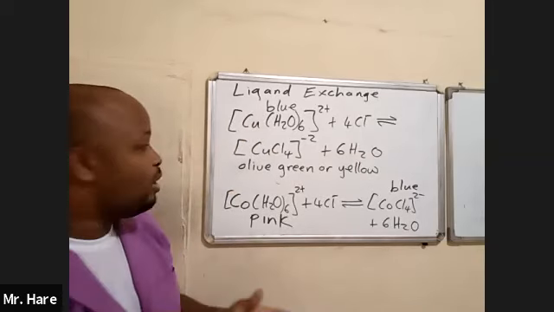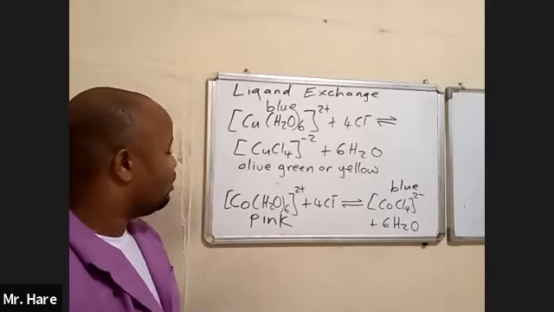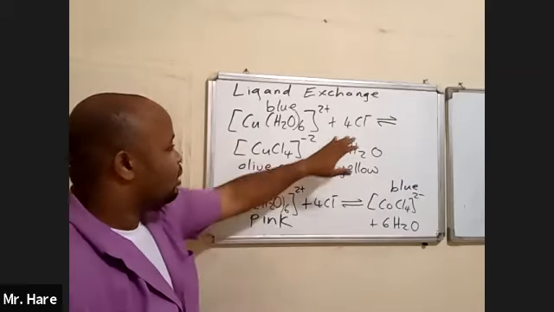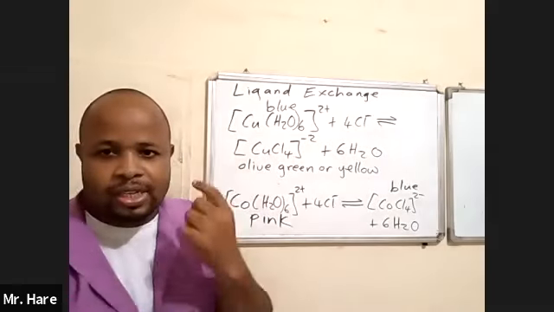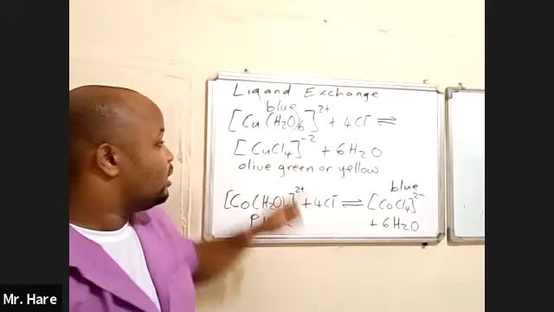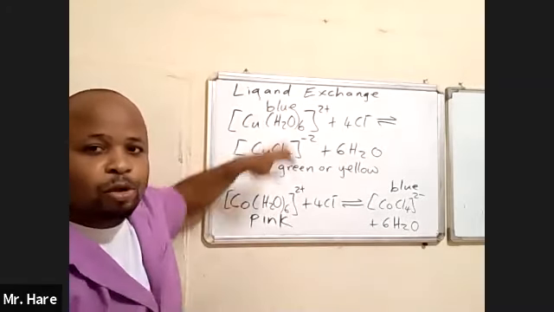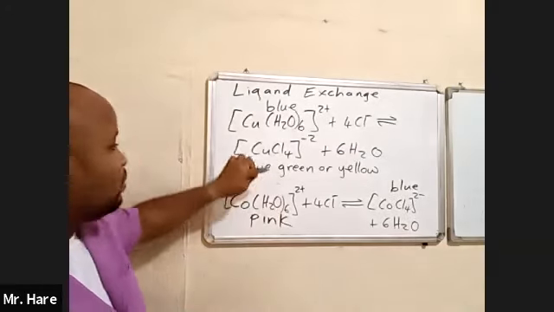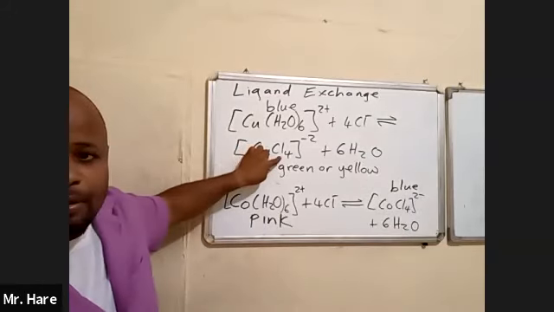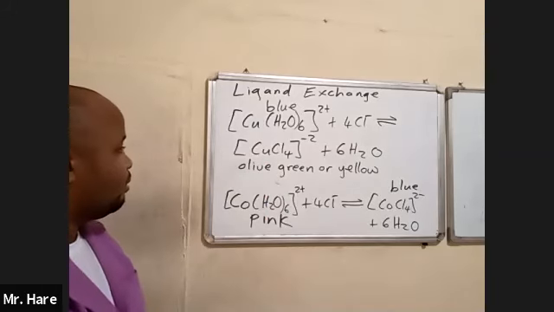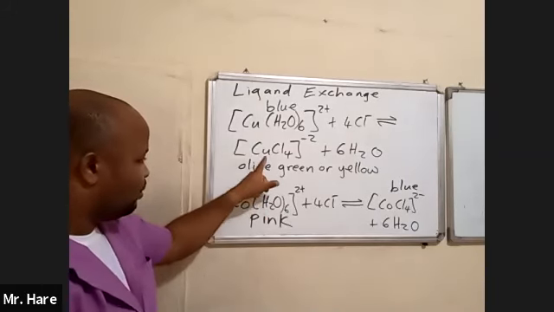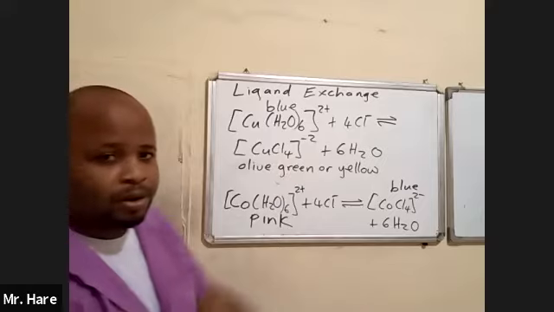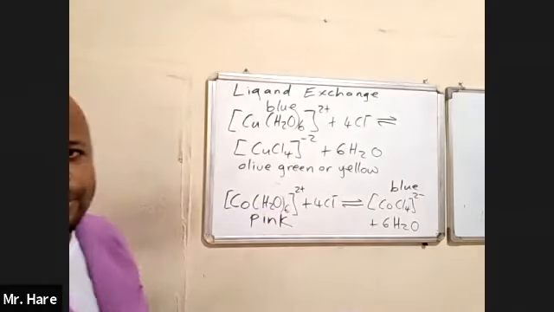If you're asked for the equation, you're just replacing water with chloride ions. Water is a small ligand, so you can fit 6, but the chloride ion is bigger, so you can only fit 4. So you should get CuCl4 or CoCl4.